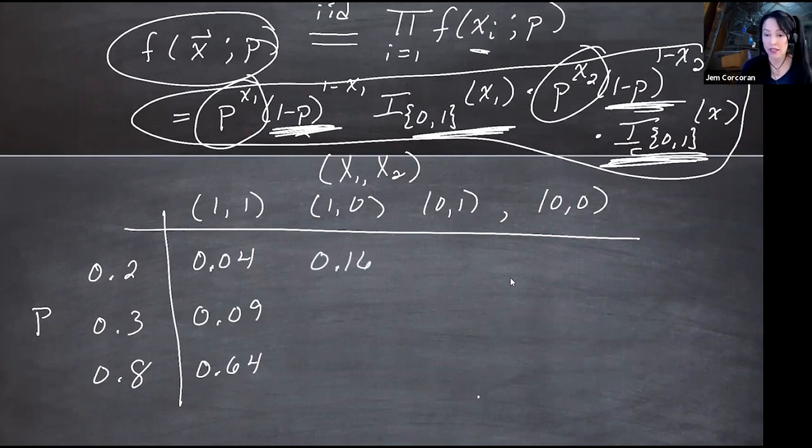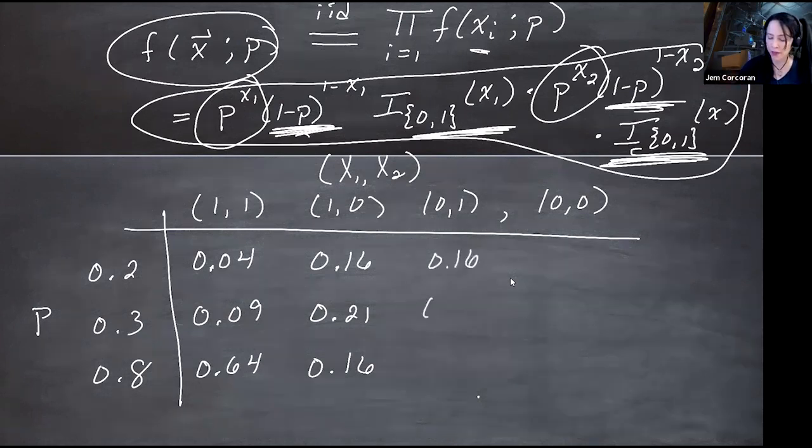Moving down, the next one's going to be 0.3 times 0.7, that's 0.21. And the last one is going to be 0.8 times 0.2, which is, oh yeah, symmetric here with the other.